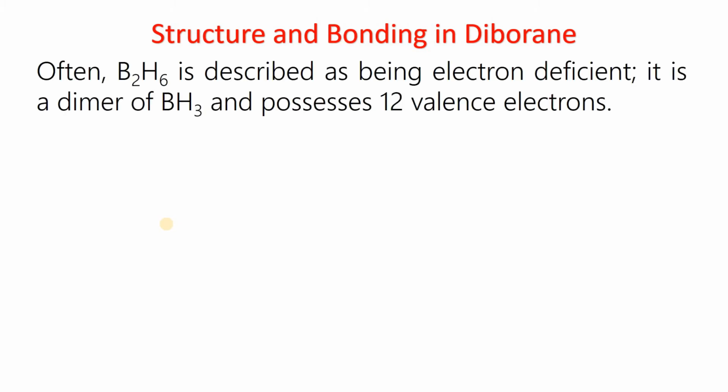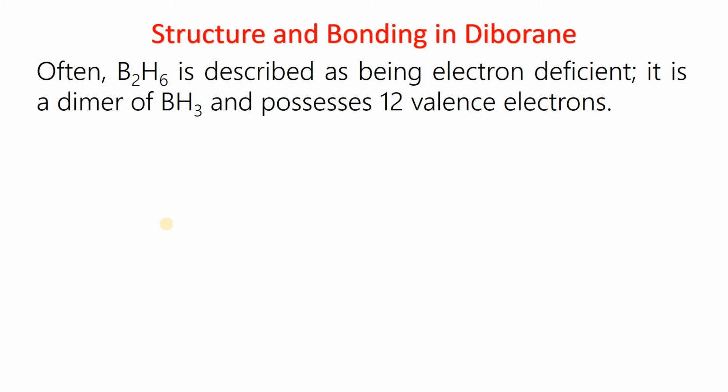The structure and bonding in diborane can be explained by using two different topologies. First is the WAD topology. It describes the structure in the form of skeletal bonding electron pairs and in the form of polyhedra.